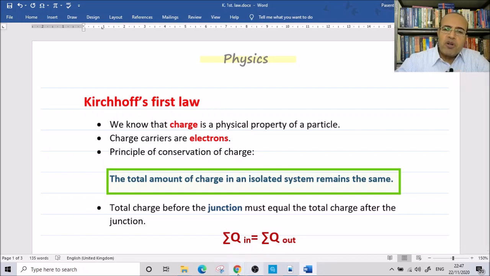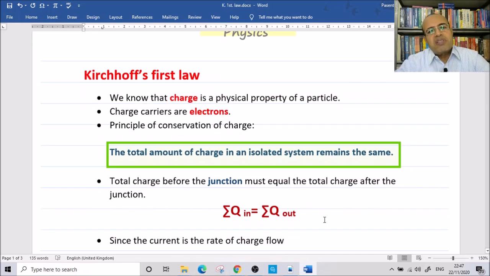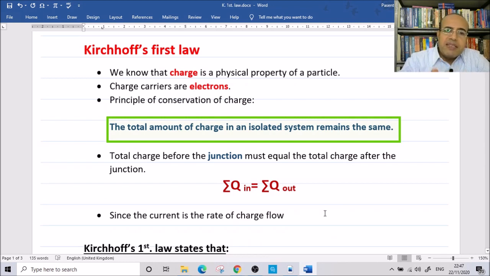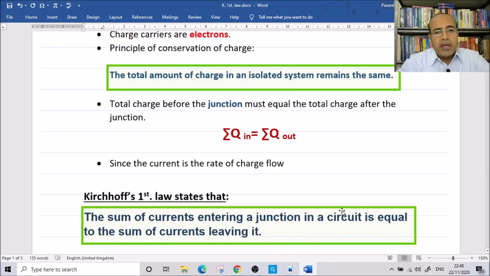So the sum of Q in equals the sum of Q out. Since current is the rate of charge flow, Kirchhoff's first law states that the sum of currents entering a junction in a circuit is equal to the sum of currents leaving it.